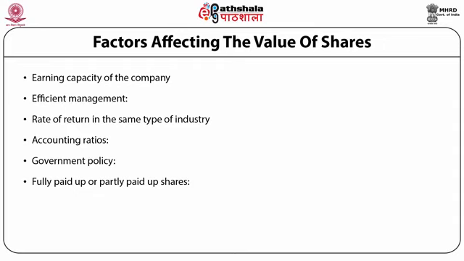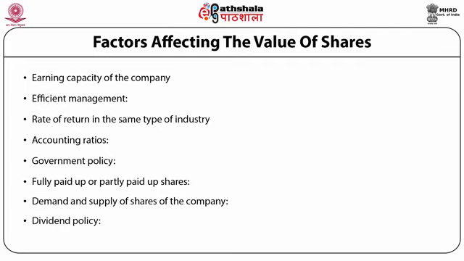Sixth, fully paid up or partially paid up shares. Investors take a negative view of partially paid shares, which may reduce the value of shares in the market. Seventh, demand and supply of shares of the company. If shares of a particular company are in high demand, then it automatically leads to an increase in their value.